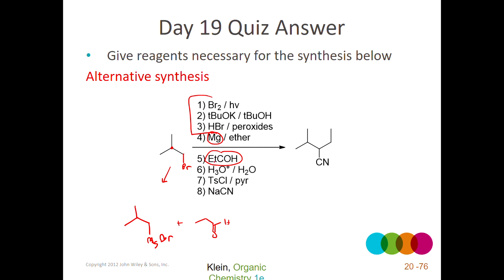That doesn't seem right. It seems like there's an extra carbon in there. Now that I'm looking at this, it doesn't quite seem to work. I think I need to fix that a little bit.